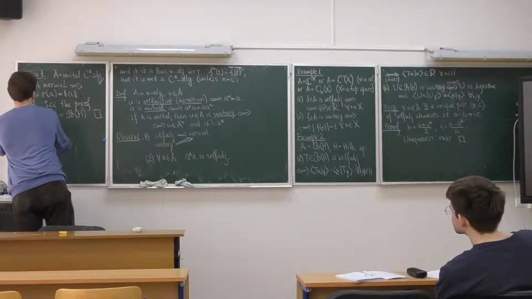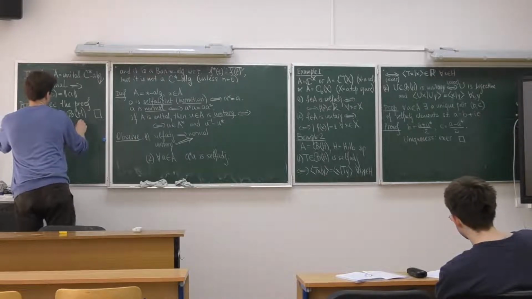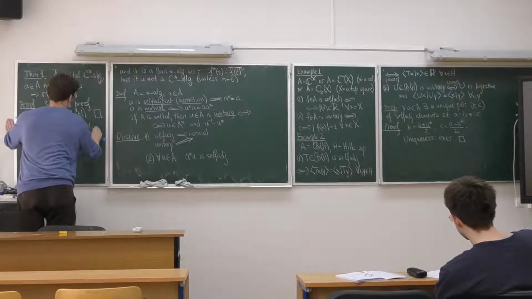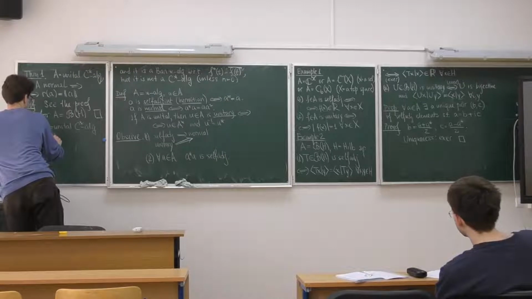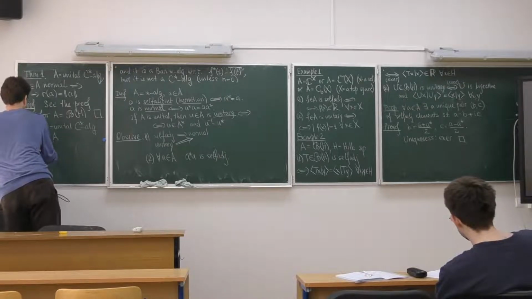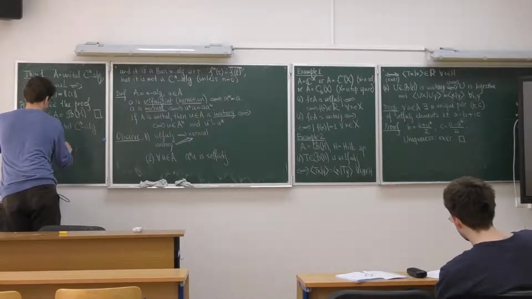Corollary 1. If A is a unital C-star algebra, then for any element little a, we have the following equality. The norm of a is the square root of the spectral radius of a star a.